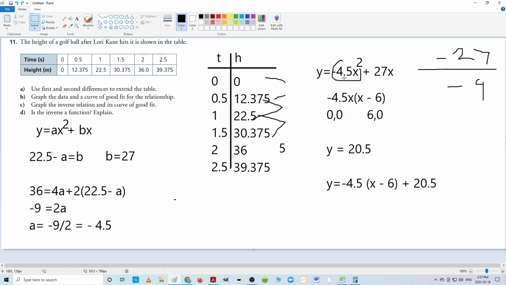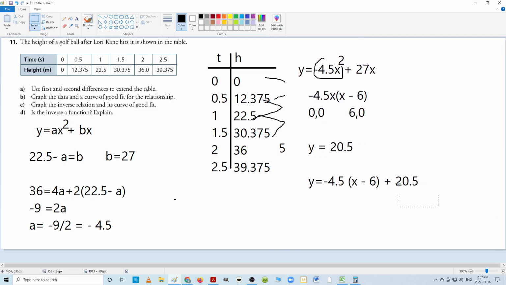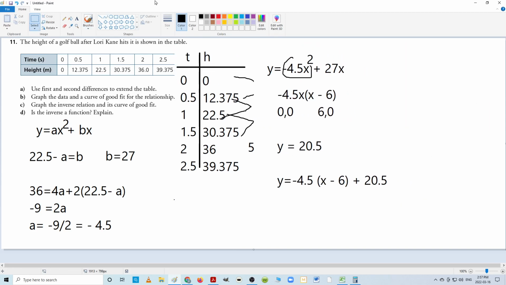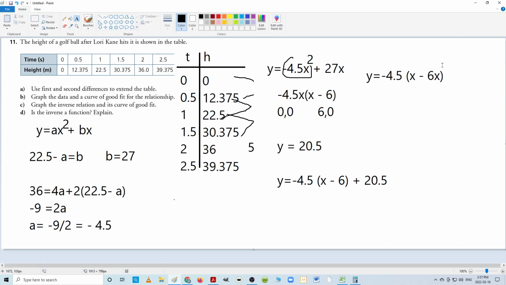And finally, I can complete the square. So if I complete the square on the right, I'm just going to push the whole thing to the right and left a bit. So if I complete the square, I get minus 4.5, and just leave the x in there. So we'll do it properly here, because my writing's not very good. I'm left with x squared minus 6x like that.